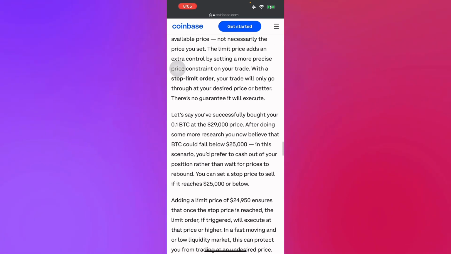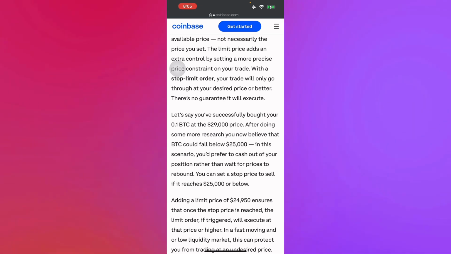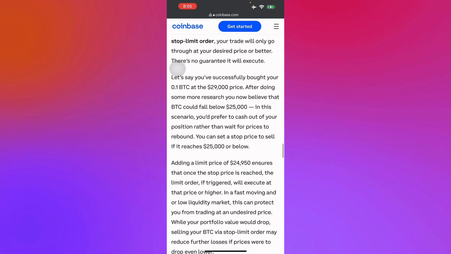Here's another example, as stated on their website. Let's say you've successfully bought your 0.1 Bitcoin at $29,000. After doing some more research, now you believe it could fall below $25,000. In this scenario, you'd prefer to cash out of your position rather than wait for the price to rebound, so you can set a stop price to sell if it reaches $25,000 or below, and it will sell automatically.